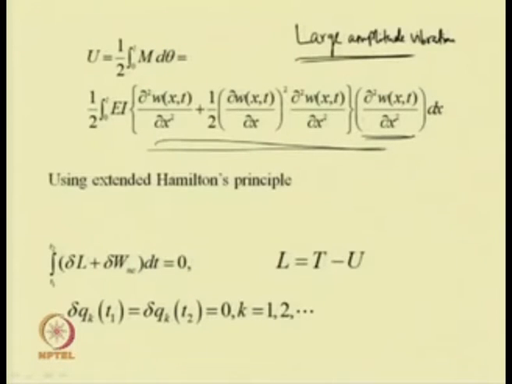But if one takes the strain energy by considering this additional term, one can obtain the nonlinear equation of motion. So, with examples we can study this system after a few minutes.